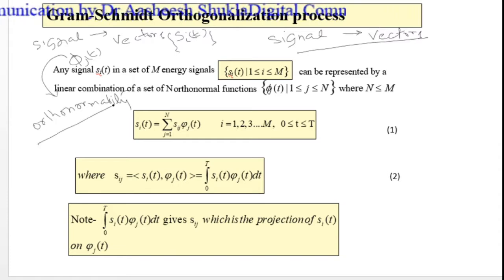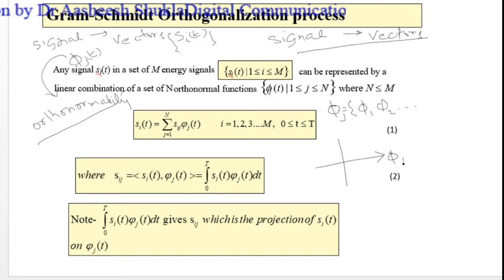Orthonormality. What I mean to say is that this new vector set can be used as a reference axis. Why? Because all the elements in this vector set will follow the condition for orthonormality. For example, this phi j can be represented as phi 1, phi 2, and so on.